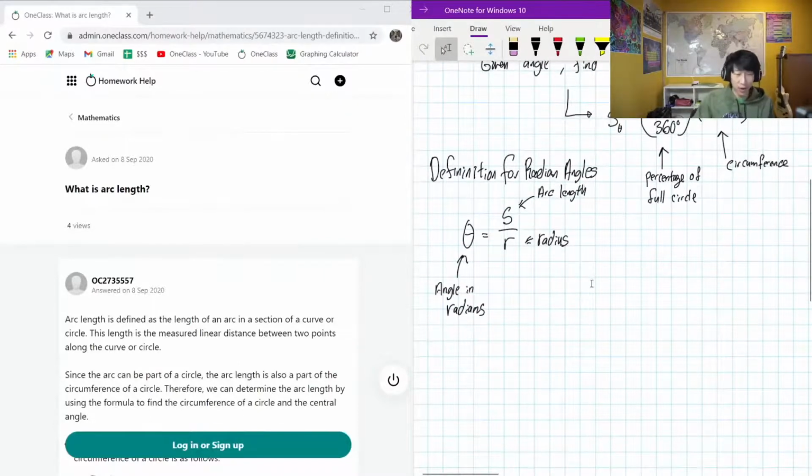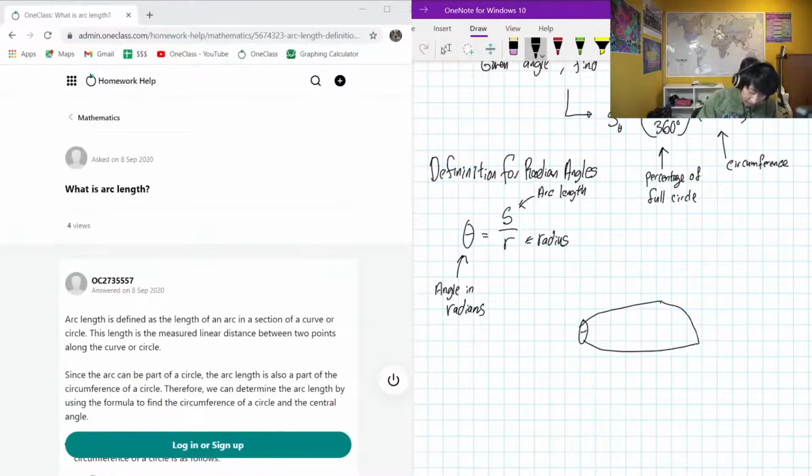Now, I'm going to give you some secret sauce on a great way to remember this. You want to think of an eye, right? So, like this tear duct that we have, it cries tears when we're having sad times. Let's not draw that tear because we're happy right now. If we have an eye like this, this could be represented as S, the arc length.